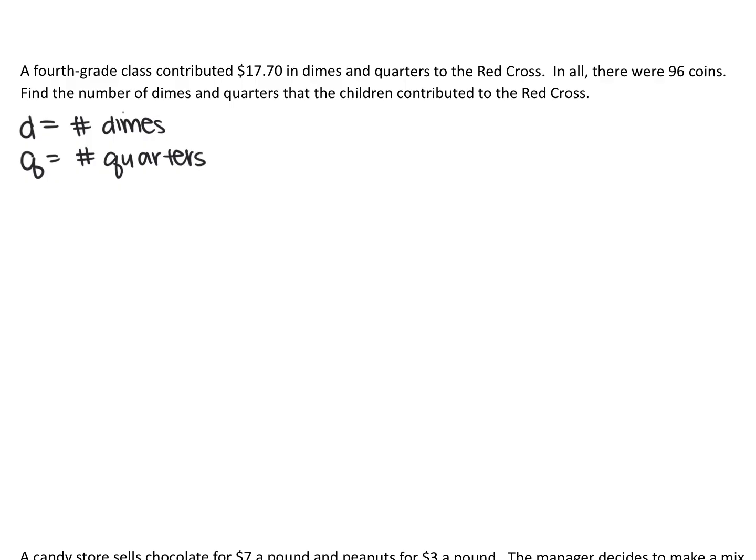In this case, my first equation comes from the fact that there were $17.70 in dimes and quarters. So remember, a dime is worth 10 cents and a quarter is worth 25. So when I write my equation, it's going to be 0.10D plus 0.25Q equals the 1770.